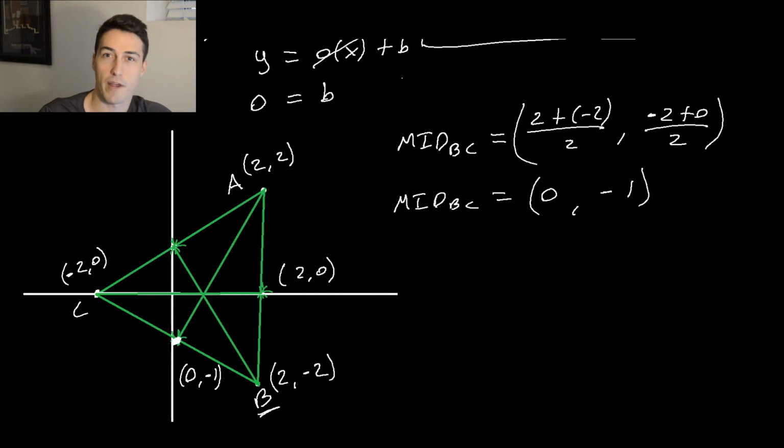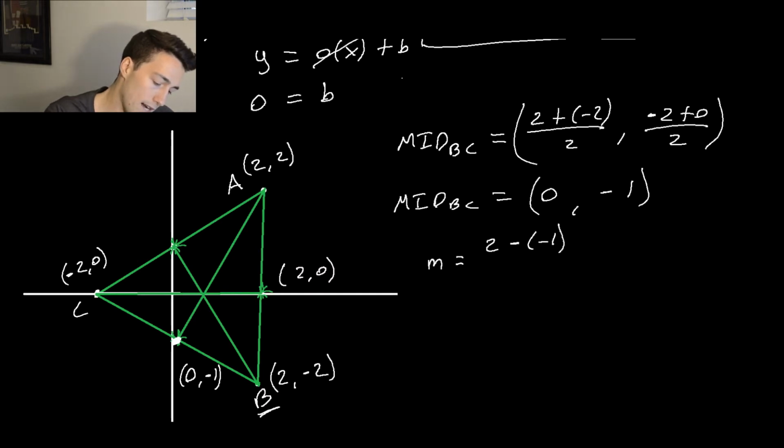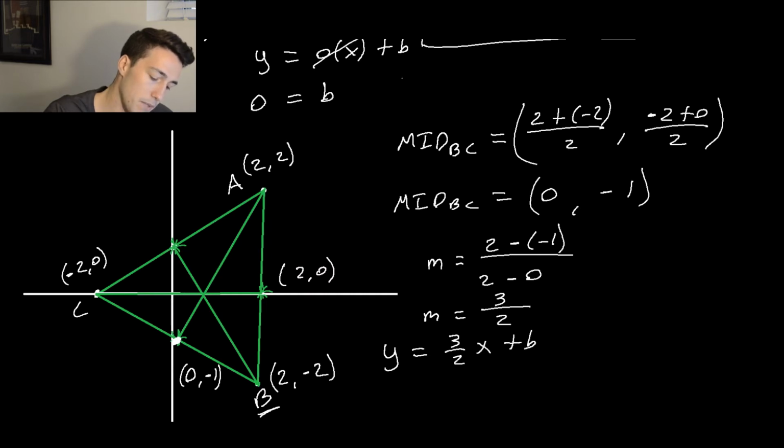Okay, now that we have the midpoint of BC and vertex A, we can solve and get the equation of this median. So I'm going to find the slope between A and this midpoint. So I'm going to say that 2 minus negative 1 divided by 2 minus 0. So the slope is going to be 2 minus negative 1 is 3, and then divided by 2. Then we're going to have y is equal to 3 over 2x plus b.